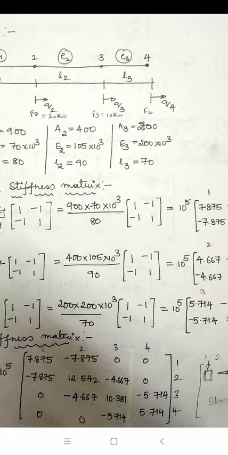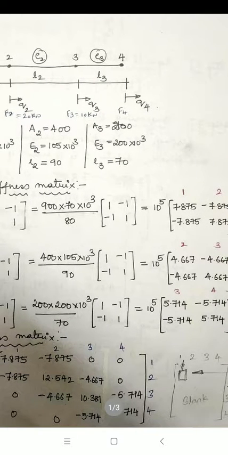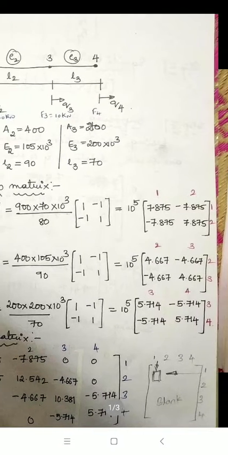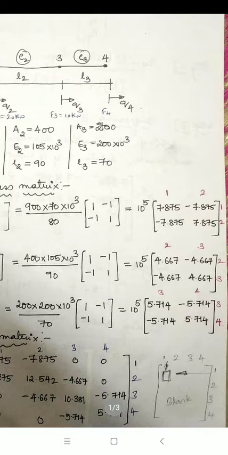See, in the place of column 2 and row 2, the value I have written as 12.54. Because sometimes in a particular place, there are 2 values we are getting. Look at column 2 and row 2. In K1, the value is 7.875.